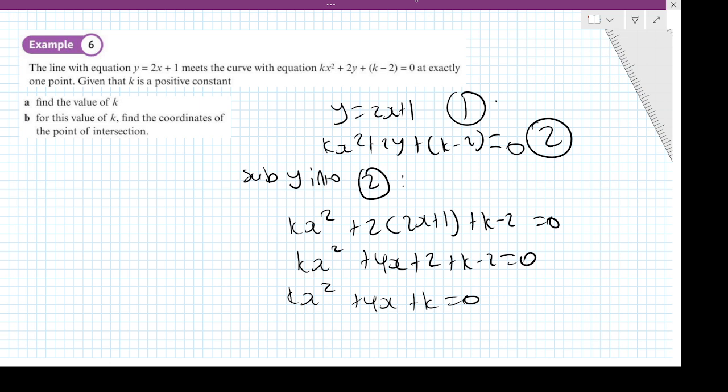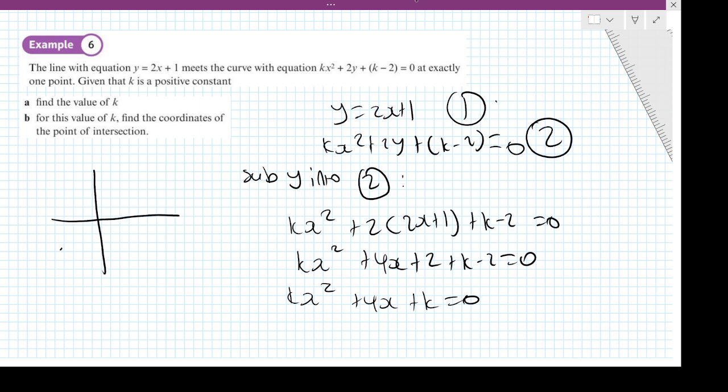Okay, there's nothing more we can do there, but we are told this line and this curve cross over at one point, okay? And we have a quadratic. So what that means is if they cross over at one point, it's going to look like this, right?